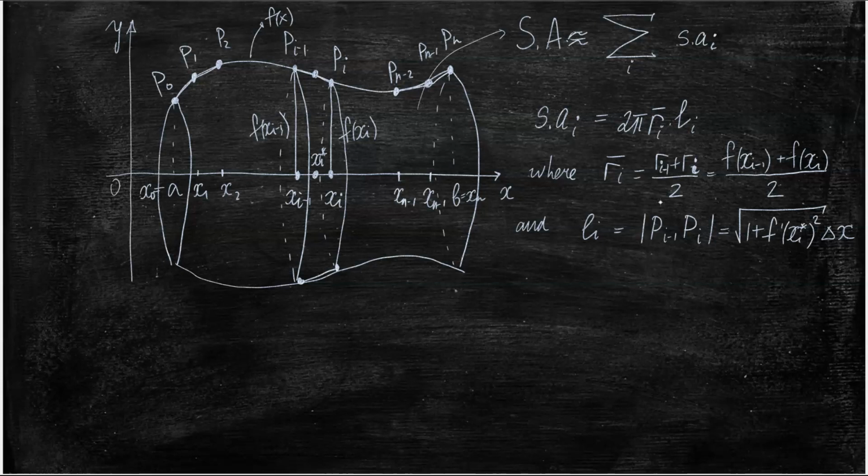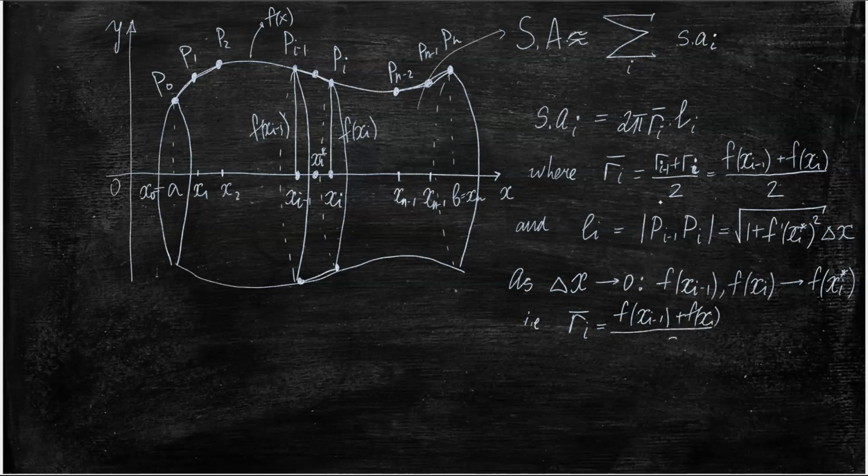As delta x goes to 0, x i and x i minus 1 will close in on each other on that interval, and both of them will approach x i star, meaning that f of x i and f of x i minus 1 both approach f of x i star, so the r bar on that interval can be approximated with the following expression.